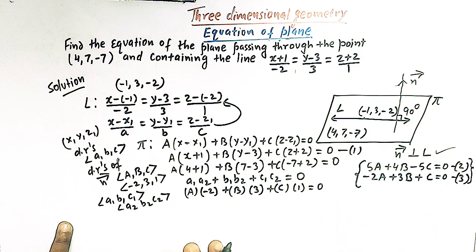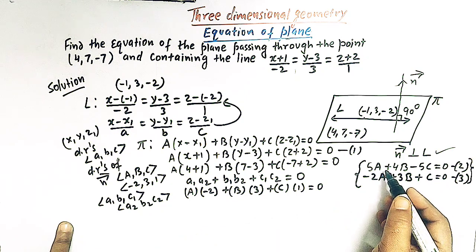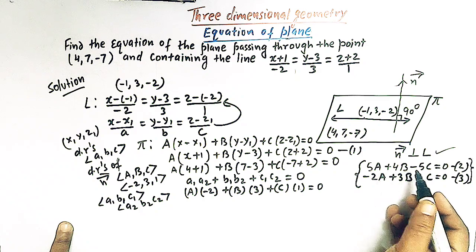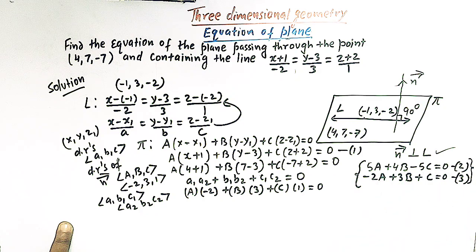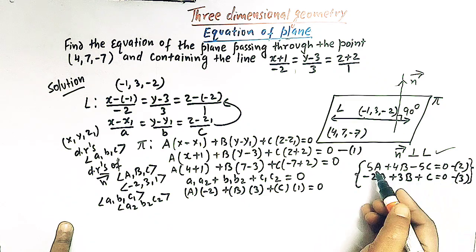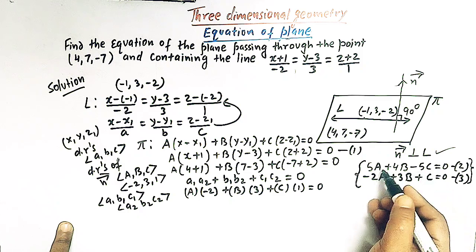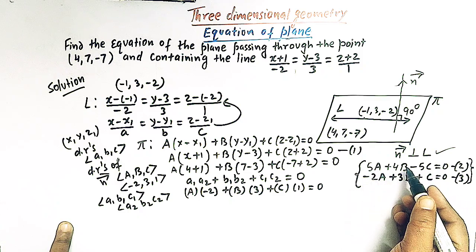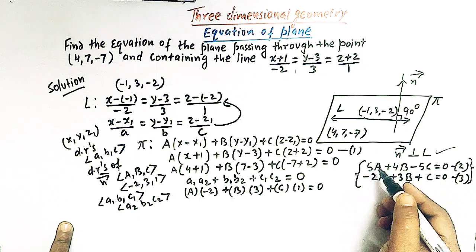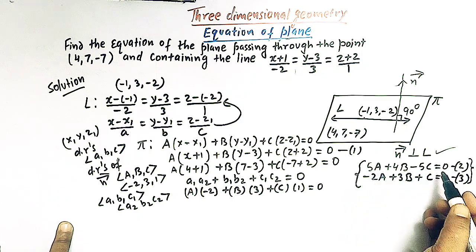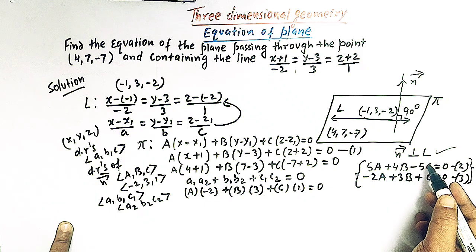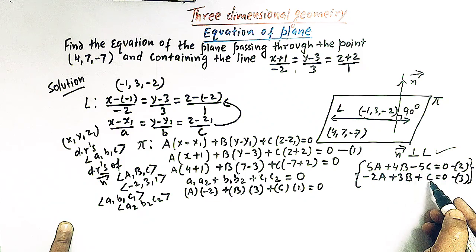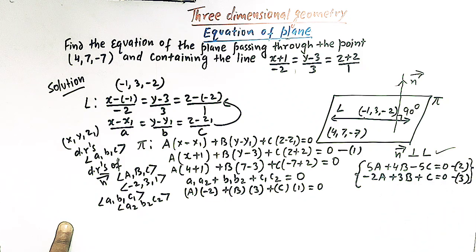So now the usual practice to solve two equations in three variables is the cross multiplication method, but here I will prefer the elimination method. So we'll select any of the three variables here, and then we'll equate the coefficients of that selected variable, and then we'll eliminate the variable by either adding or subtracting the equations.